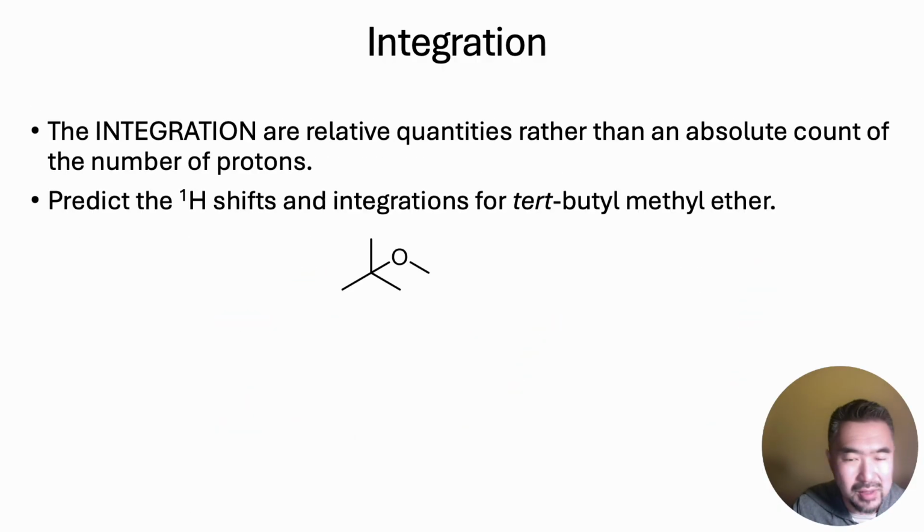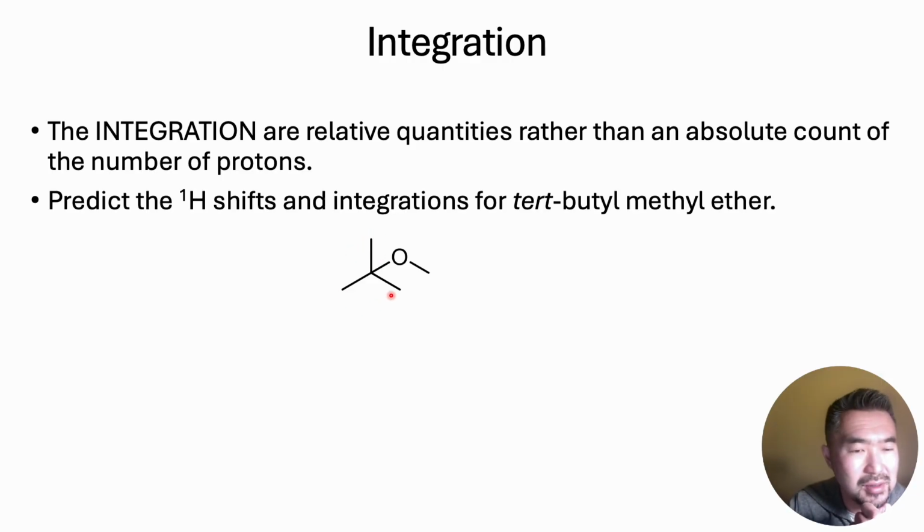So just to put this into practice, let's see if we can predict not just the chemical shifts, but the integrations for this molecule, tert-butyl methyl ether, which is sometimes used as an additive for your gasoline. First, the number of signals we have to decide on. Does it make sense to you that there's 2 signals for this?